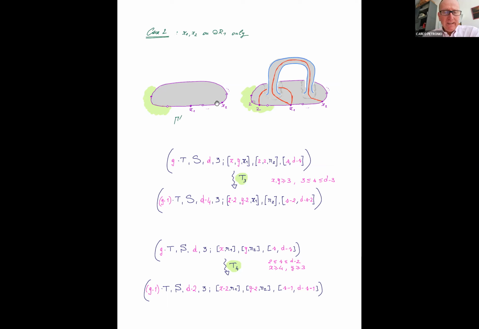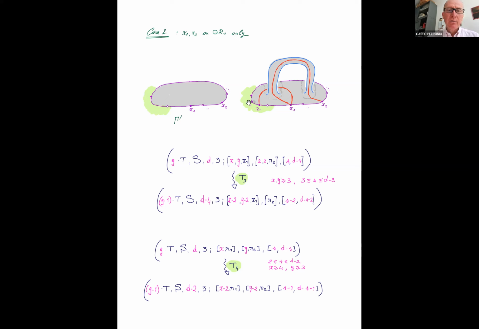But you know that the complement is a union of a gray and a green disk, and of course at some point they must share an edge, because if outside the gray you only see gray, then everything is gray. So outside gray, sometimes you must see green. So there will be an edge, maybe far from X1 and X2, where gray and green touch. And then in this case, you do something different.